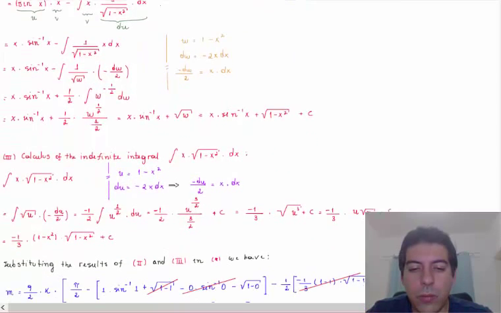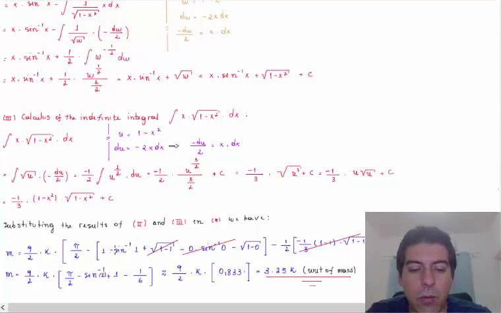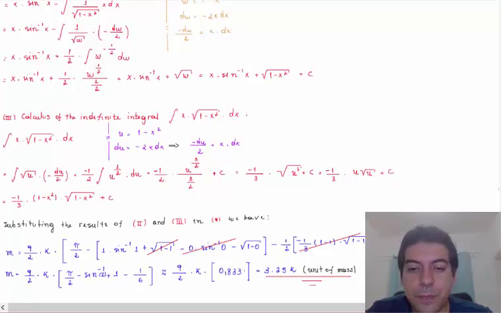So if we use 1, we have 1 times sine minus 1 of 1 plus square root of 1 minus 1 squared, minus, if we use 0, we have 0 times sine minus 1 of 0 plus square root of 1 minus 0. We can see that this term right here will be cancelled once we have 1 minus 1, as well this term right here will be equal to 0 too.